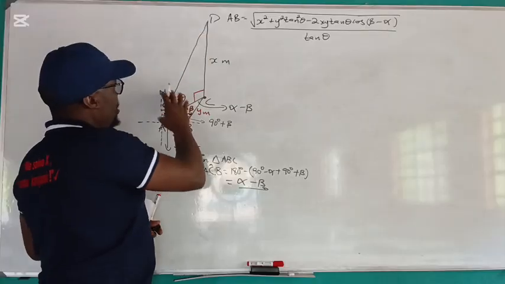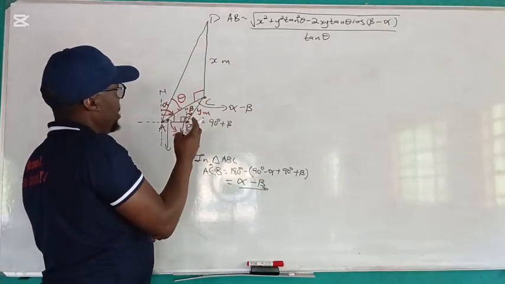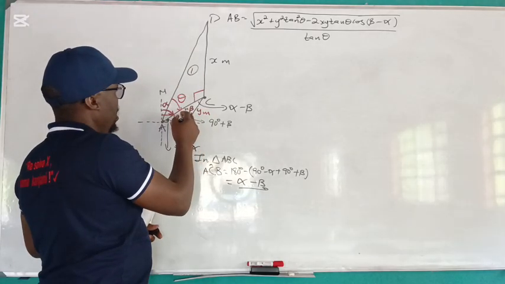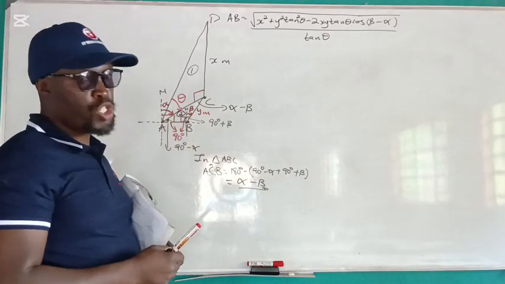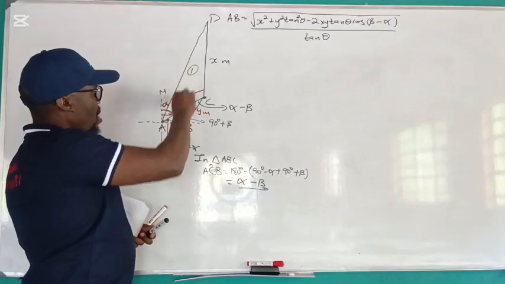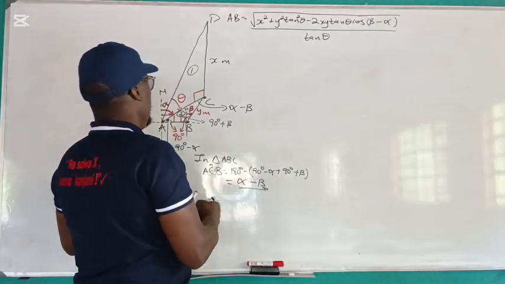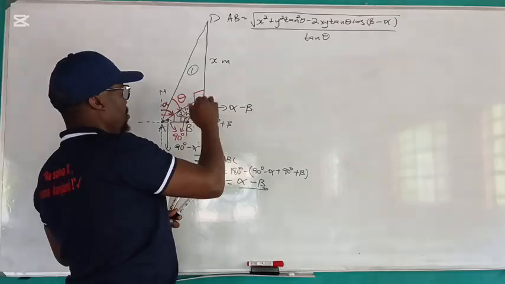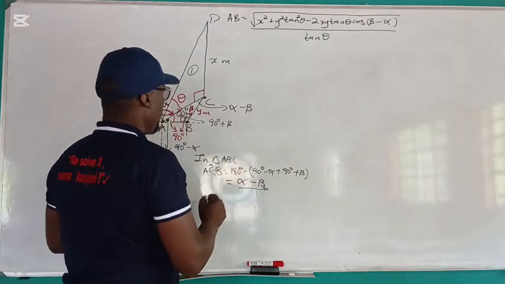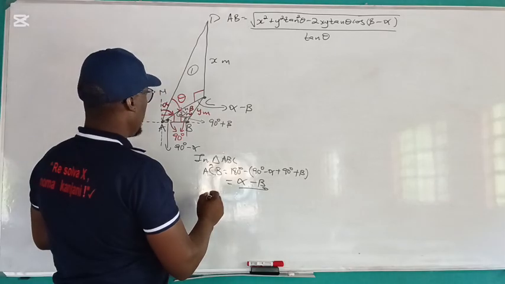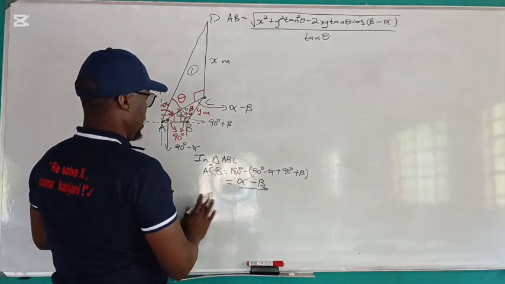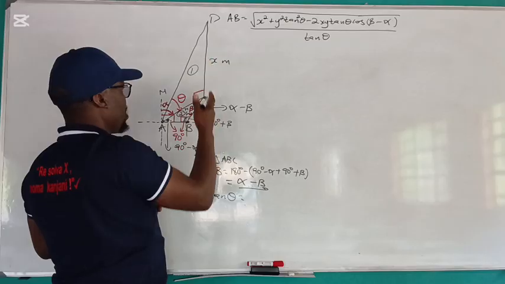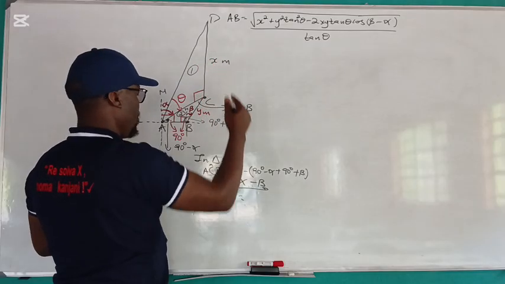As you can see, this whole diagram is actually made up of about two sections. Let's take that as being section 1 and this over here as being section 2. So let's work from section 1. From section 1, we want to determine the length of line segment AC. So we'll say tan theta is equal to opposite, which is DC, and DC is equal to x meters.